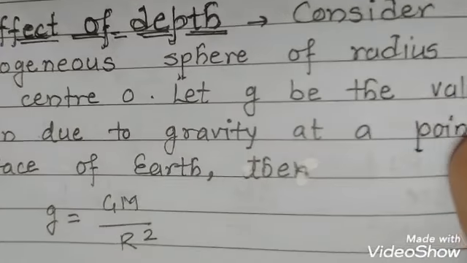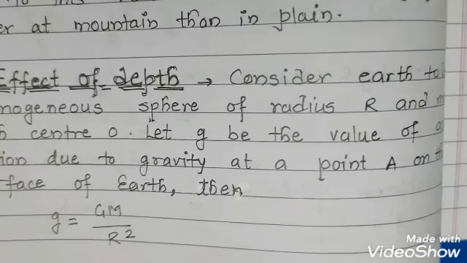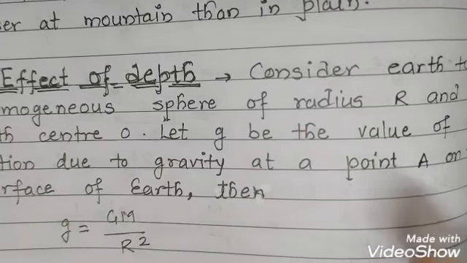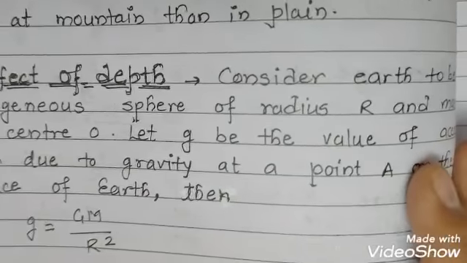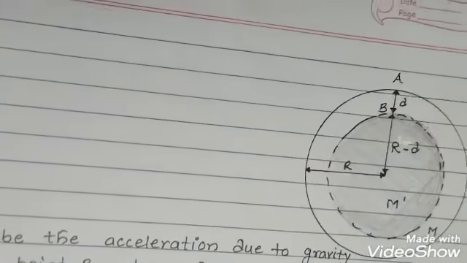Now if we consider that, because the earth is a homogeneous sphere, the density of the material of the earth is, suppose, rho.